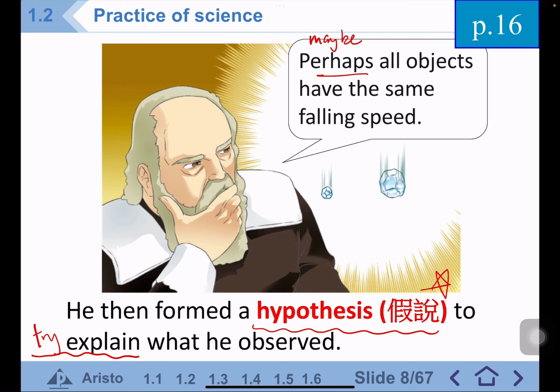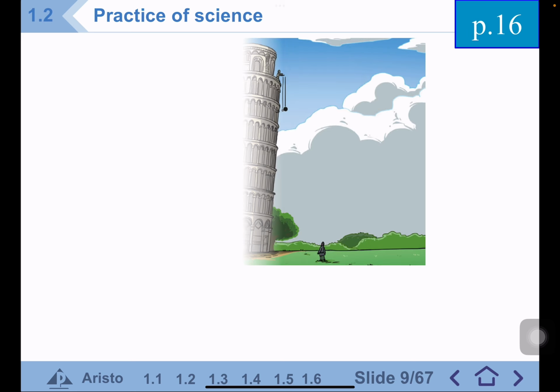So he thinks, maybe something with 4 kg has the same falling speed as something with 2 kg. So he formed this hypothesis to explain why different sizes of hailstone fall down at the same time.